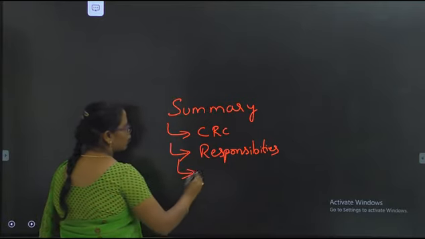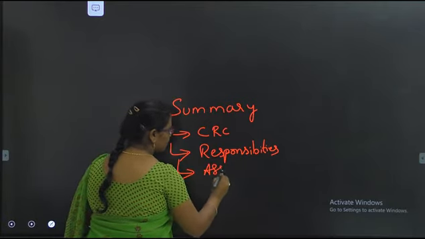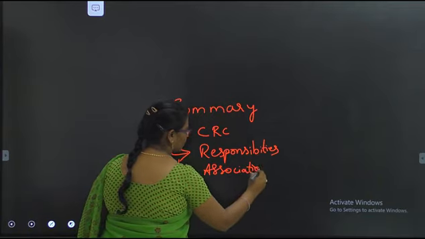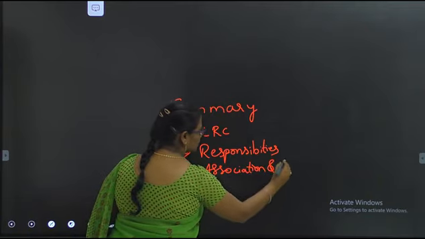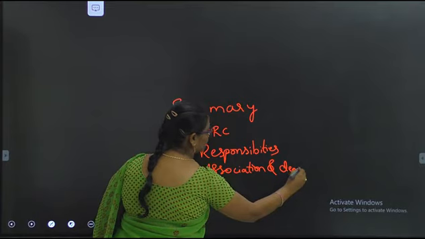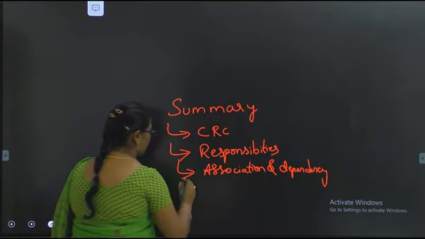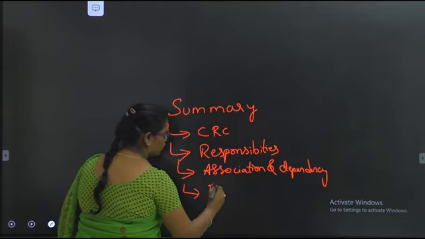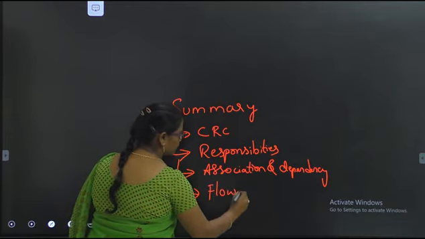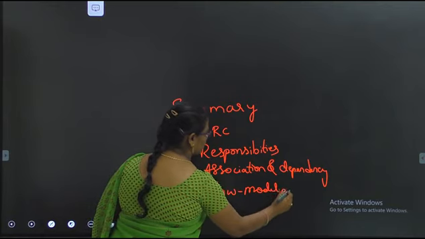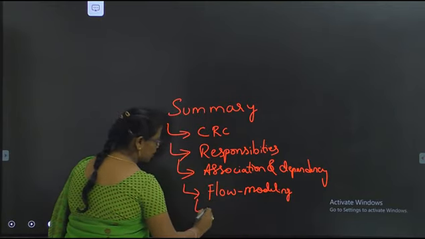We have seen association and dependency. And next we have seen the flow oriented model, flow modeling. After flow modeling, we have seen the DFD.